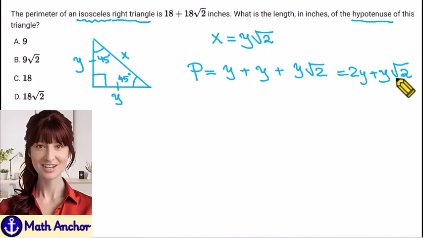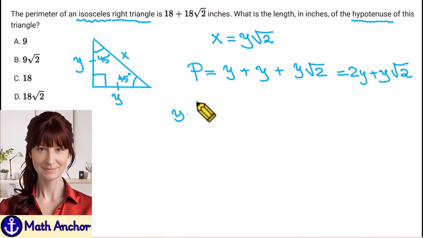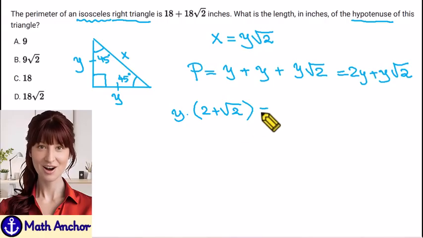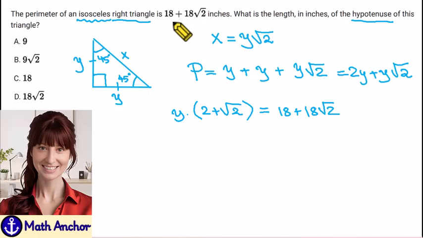Now we can factor out the y. We have y times 2 plus square root 2. That's the perimeter. And we also know that the perimeter is equal to 18 plus 18 square root 2 inches. That's given.